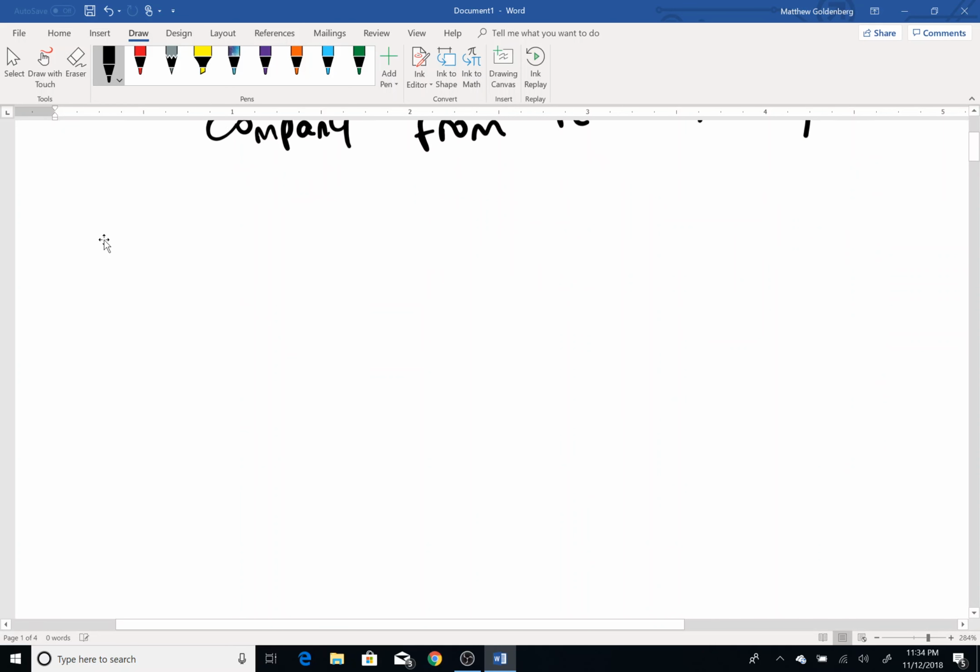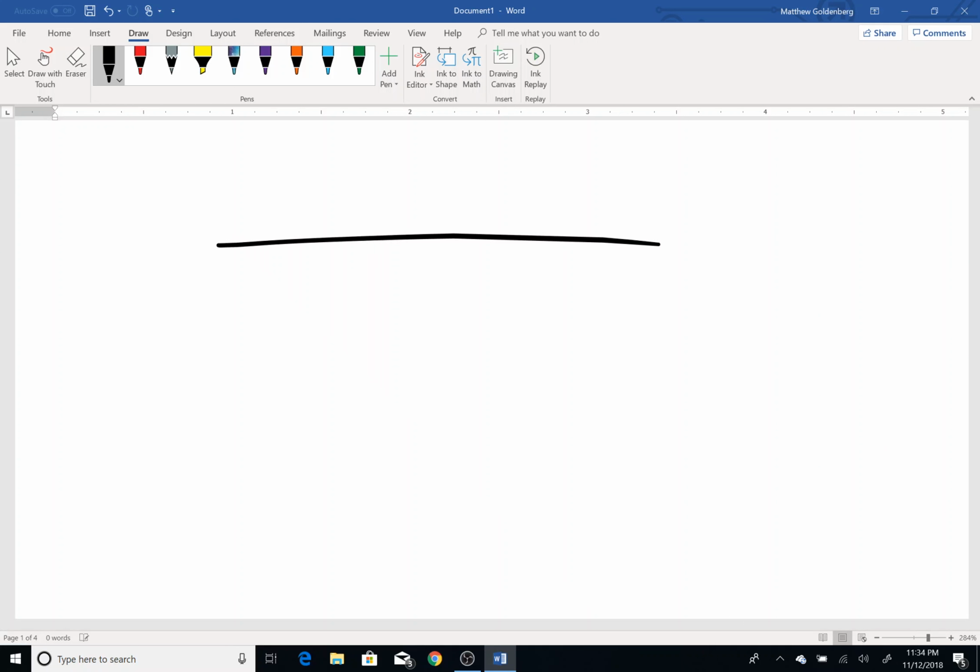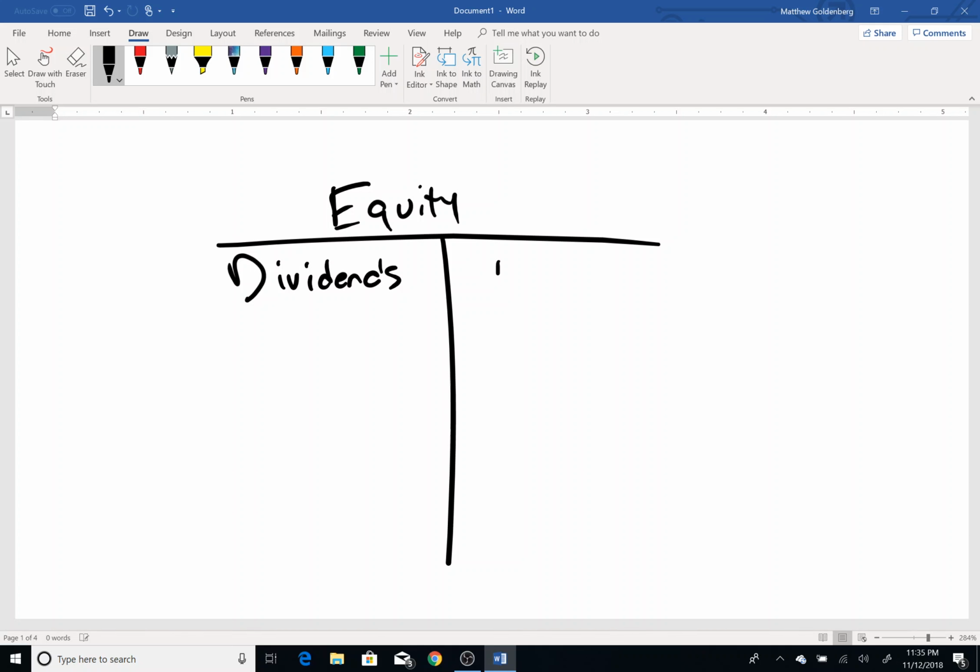And so a company, if they're doing equity, can choose: do they want to give stockholders dividends, or do they want to reinvest in their company? One's a negative, one's a positive.